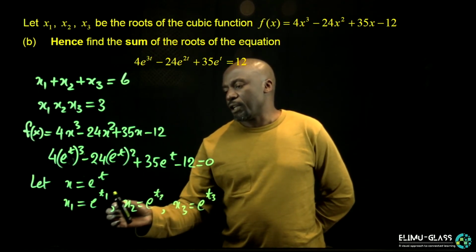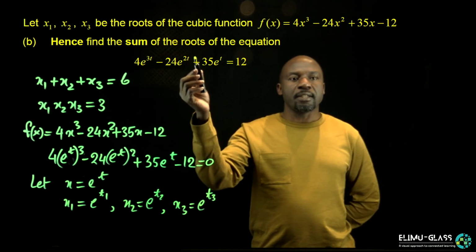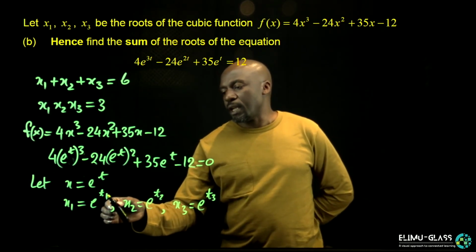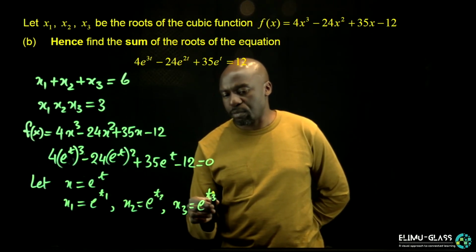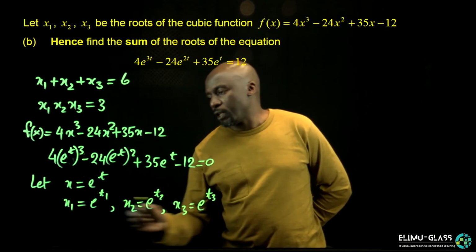Now, the question says find the sum of the roots of this new equation, so the roots would be the t's, and if we're going to get t1 plus t2 plus t3, we have to multiply x1, x2, and x3.